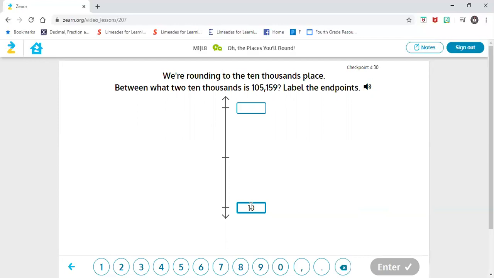So this is going to be 100,000, because my 10,000s place stays the same, which is 0. And then for the top, I'm going to add 1 to my 10,000s place. 0 plus 1 would be what? 1. So again, my 100,000s place is going to stay the same, my 10,000s place is going to go up 1, and everything behind it is going to become 0.